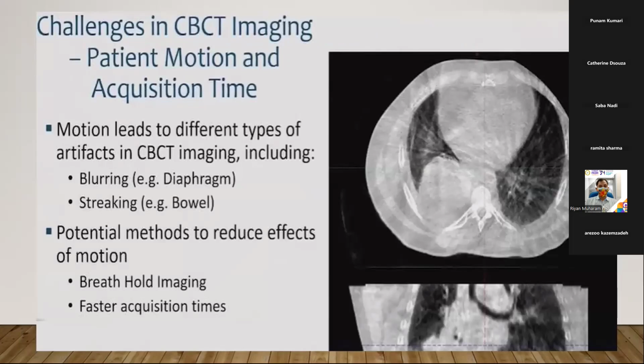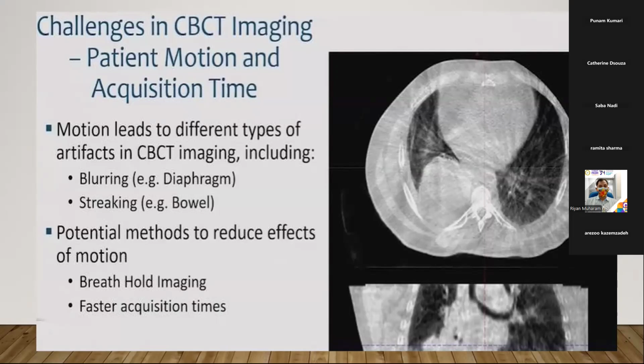Motion leads to different types of artifacts in CBCT. It leads to blurring and streaking, and there are potential methods to reduce the effects of motion. So you could use the breath hold technique. As you will see in the coming slides, when you utilize the breath hold concept, you can observe a lot of change in the image quality.